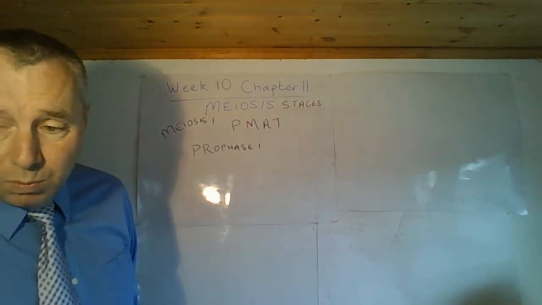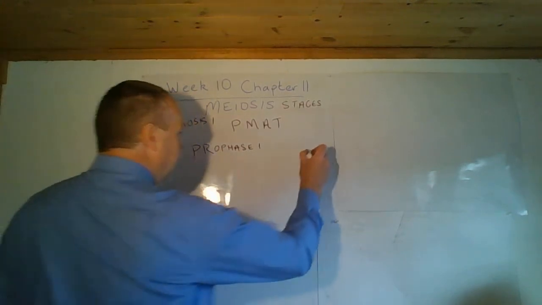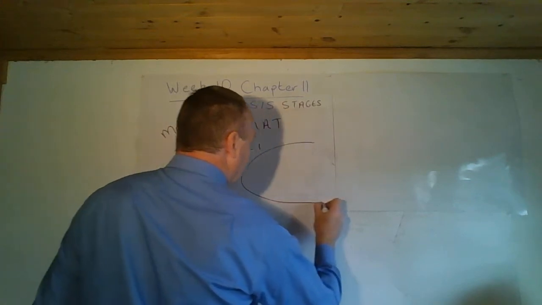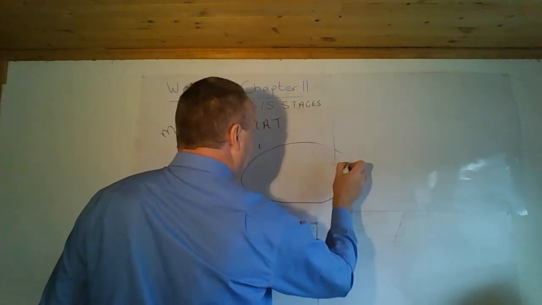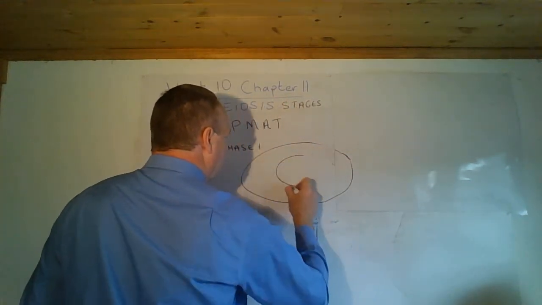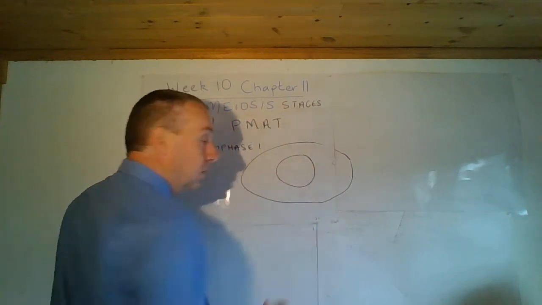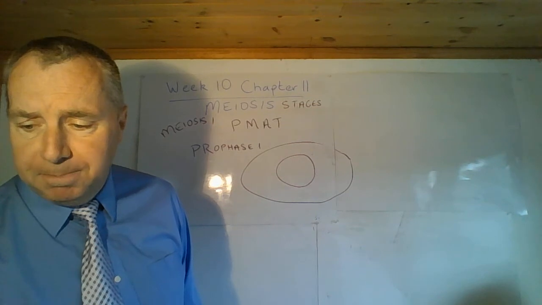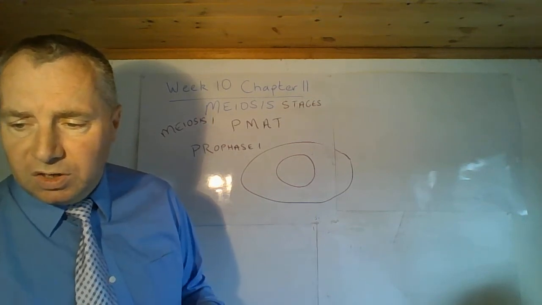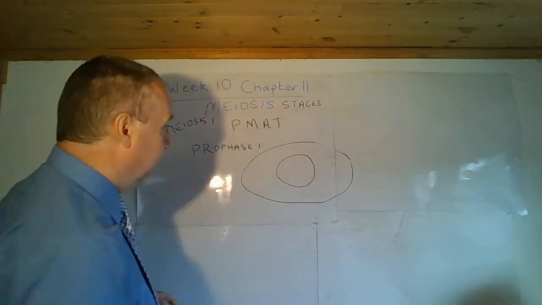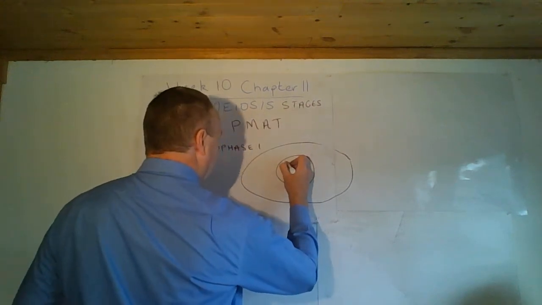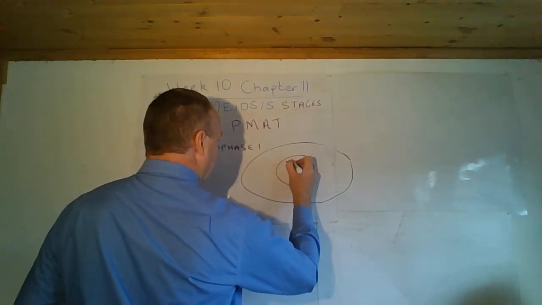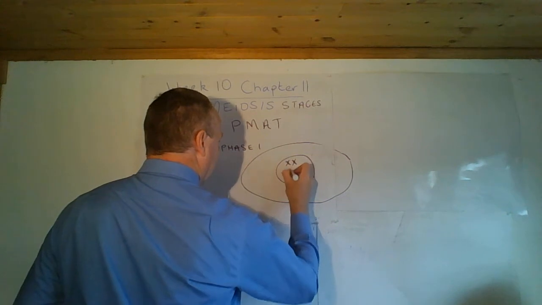In prophase 1, within the nucleus, the chromosomes start to condense and become visible.